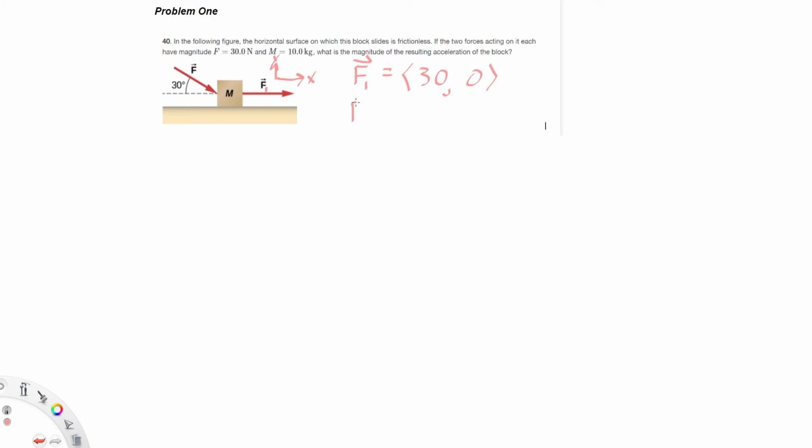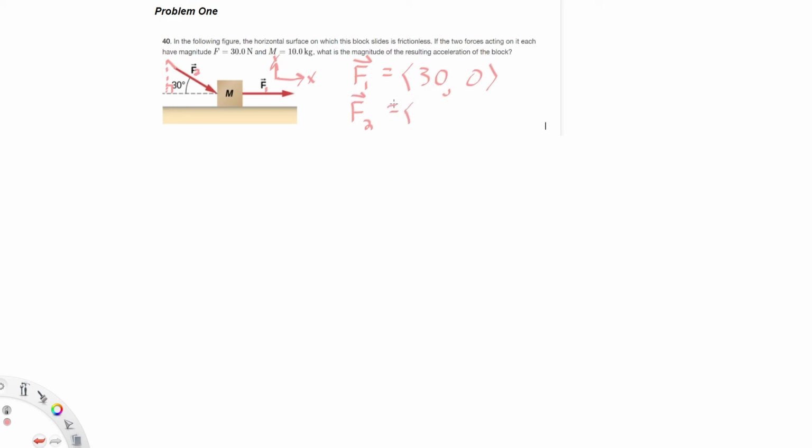The second force takes a little bit of work to break down, but if we note where the angle has been supplied, we know that the x portion of this vector is going to be associated with the cosine of 30. The y portion will be associated with sine of 30.